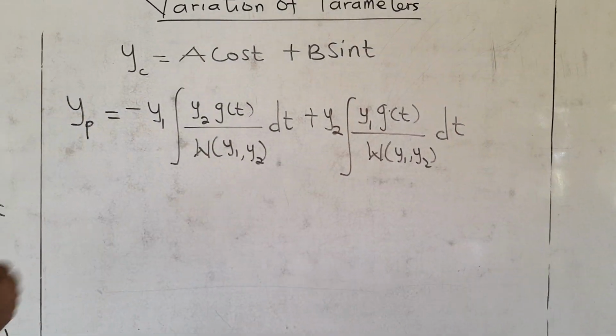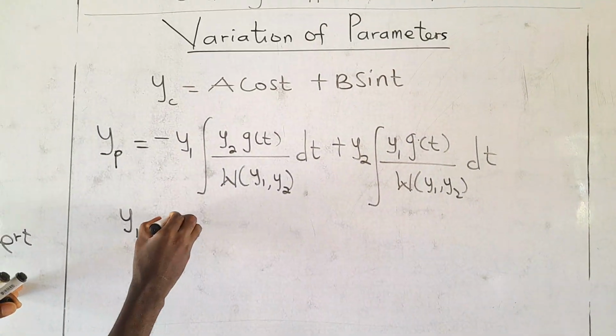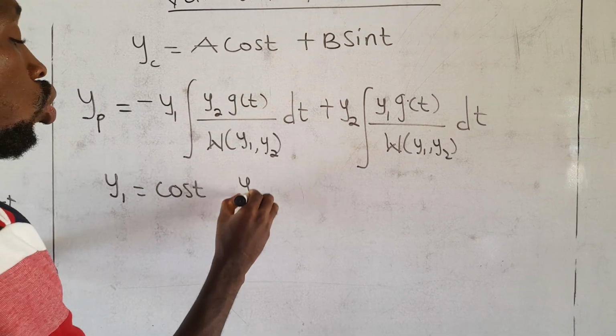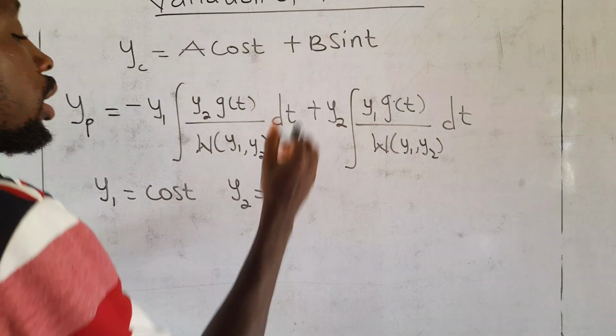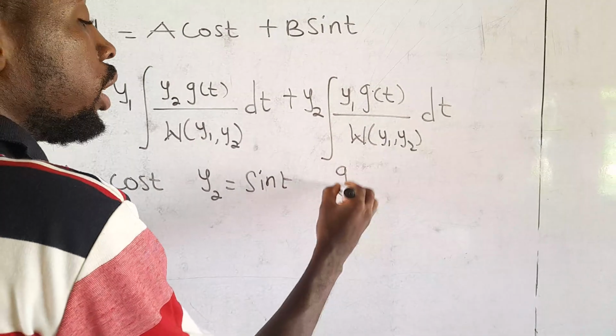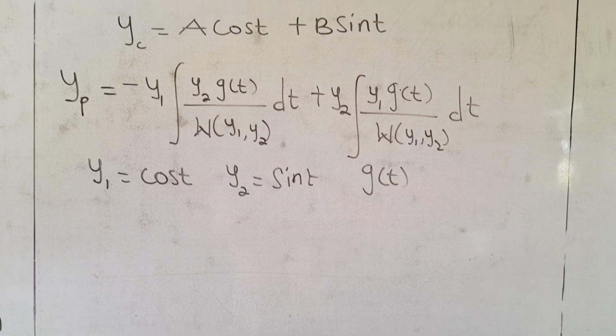Now what is our y1? Our y1 becomes the first function here, which is cos t. Then our y2 is equal to sine t. And our g of t is the function that makes it non-homogeneous.